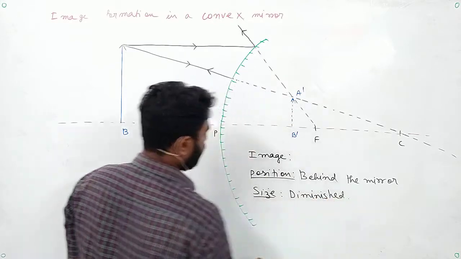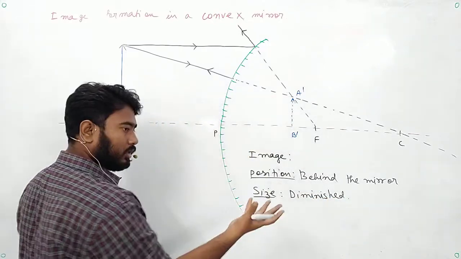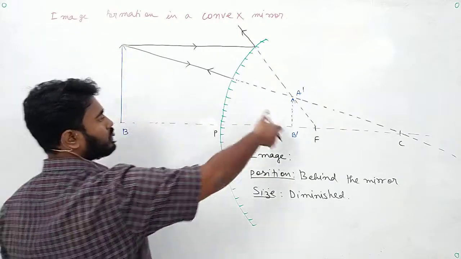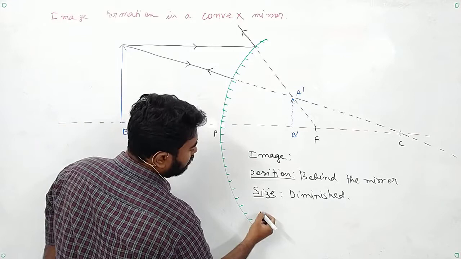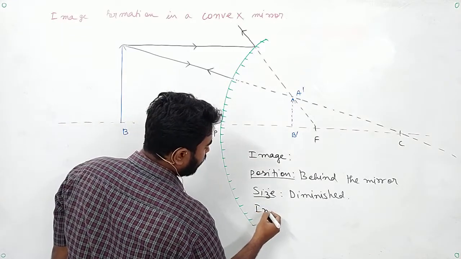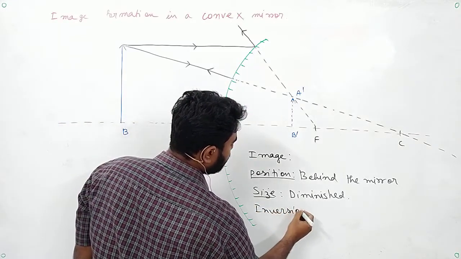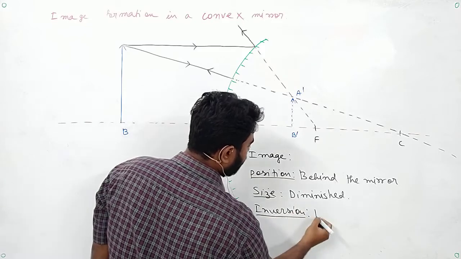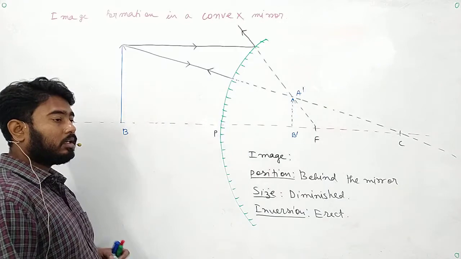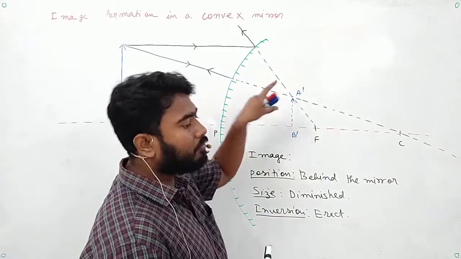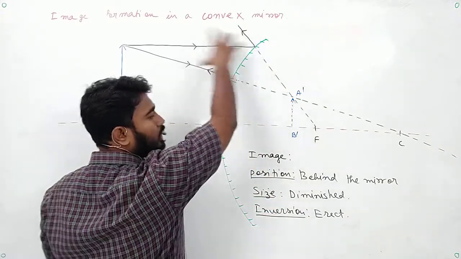Is the image erect? Yes. A is at the top portion, A dash is also at the top portion. Is there inversion? No, the image is not inverted. The image is erect. Now, what is the type of the image? See, the rays actually didn't meet.